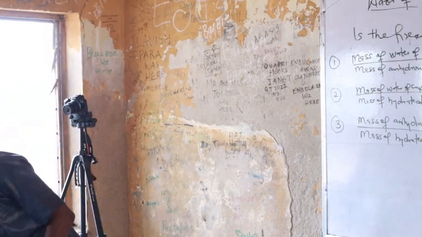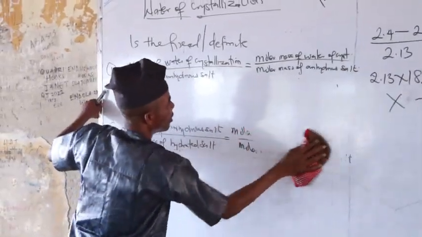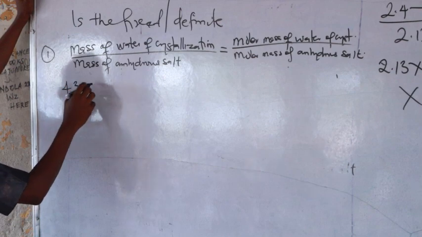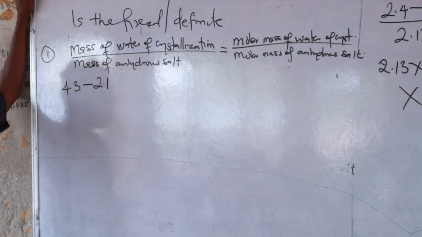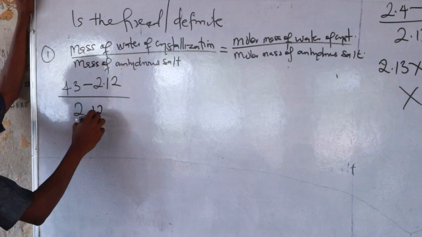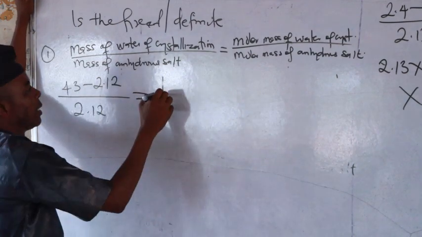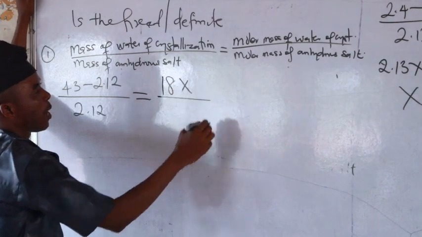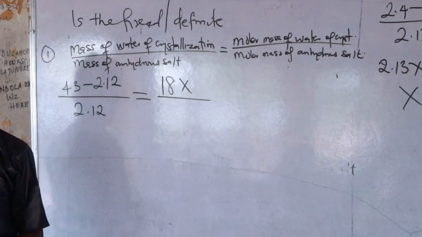Now we use 4.3 minus 2.12 over 2.12 is equal to 18x over the molar mass of the anhydrous salt.